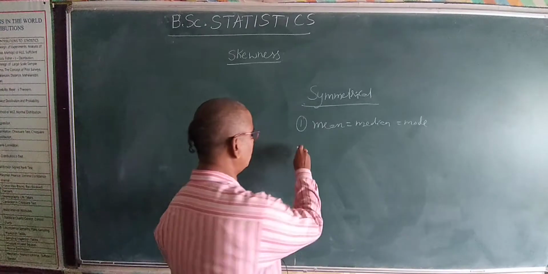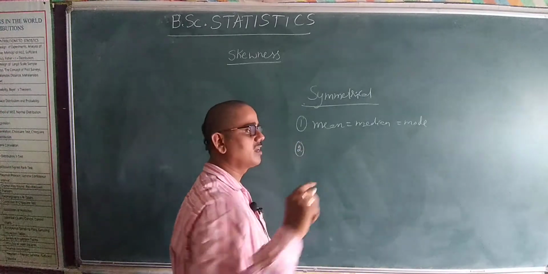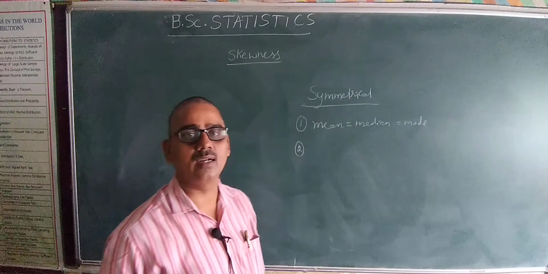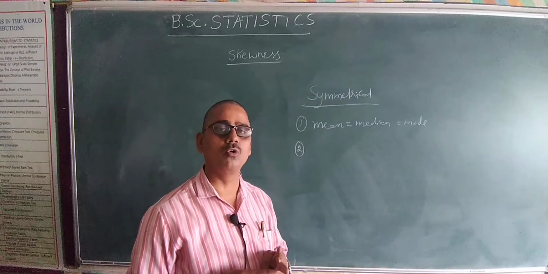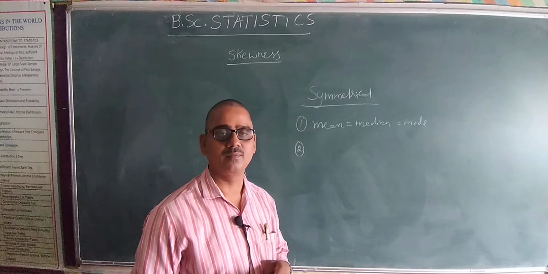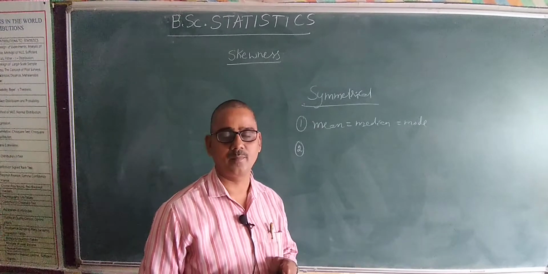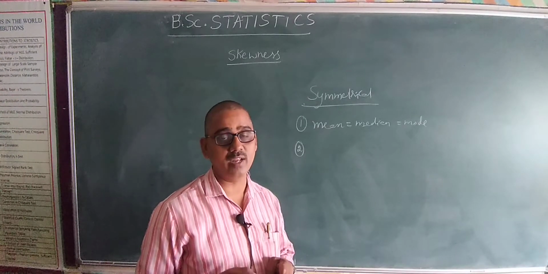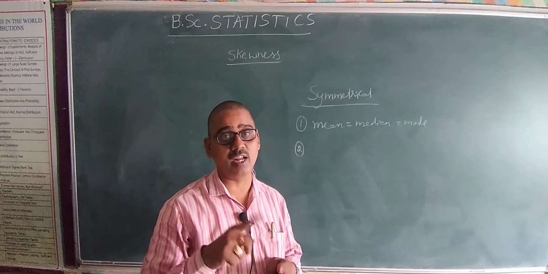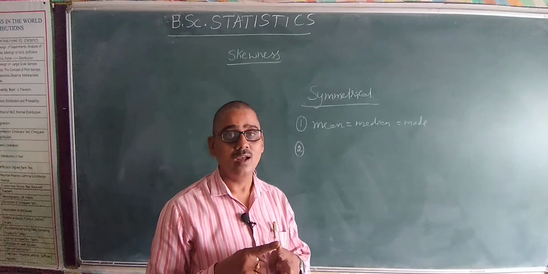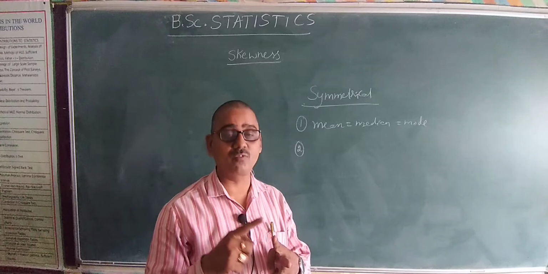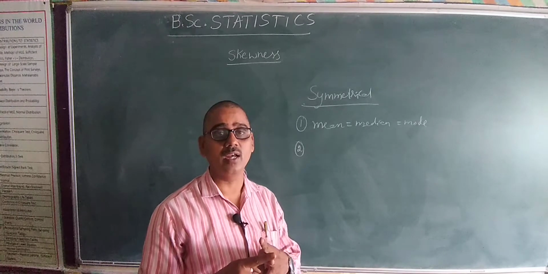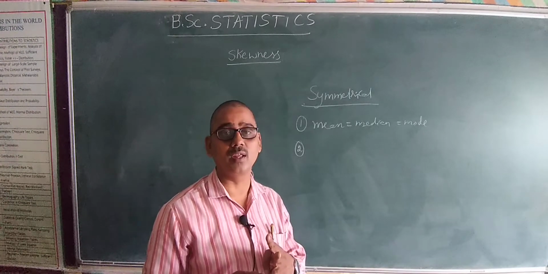The second one: the quartiles are equidistant from the median. There are 3 quartiles, Q1, Q2, Q3, and Q2 is the median. Quartiles being equidistant from the median means the distance from Q1 to Q2 is the same as Q2 to Q3.